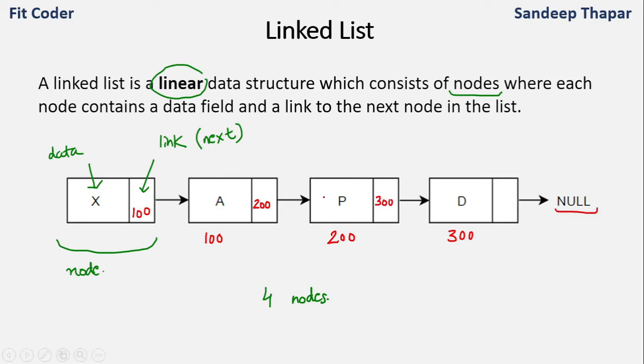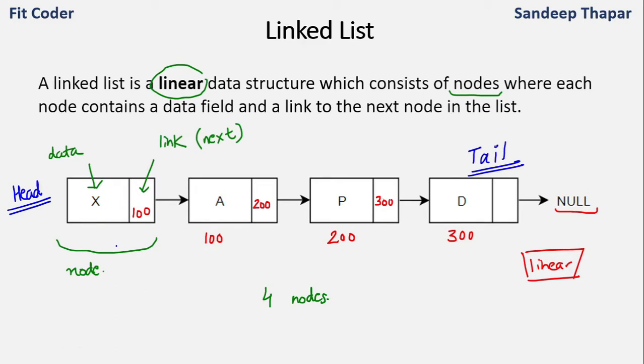Since these can be represented linearly and there is only a single level, these are known as linear data structures. The first node of the linked list is known as head, and the last node is known as tail.